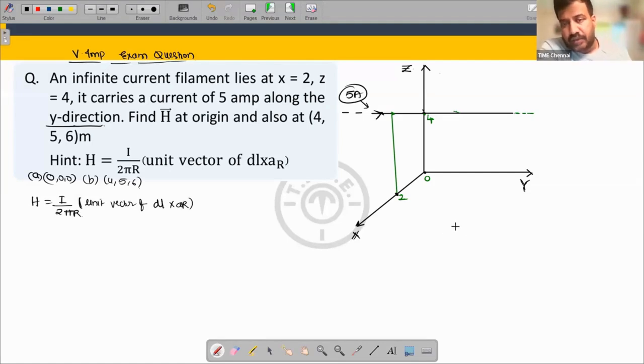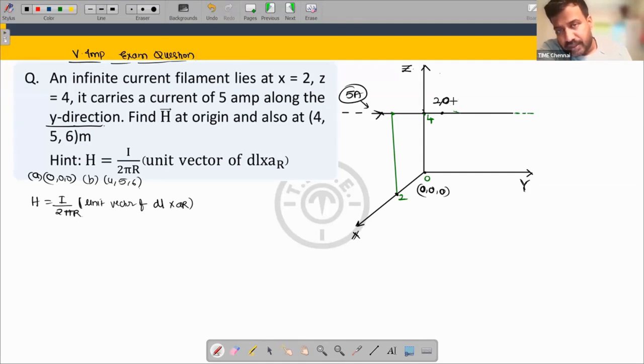Now you should find, this is the evaluation point, 0 comma 0 comma 0. Now we should find the source point. The source point is the one nearest to this 0 0 0 on this line. X is not going to change, Z is not going to change.